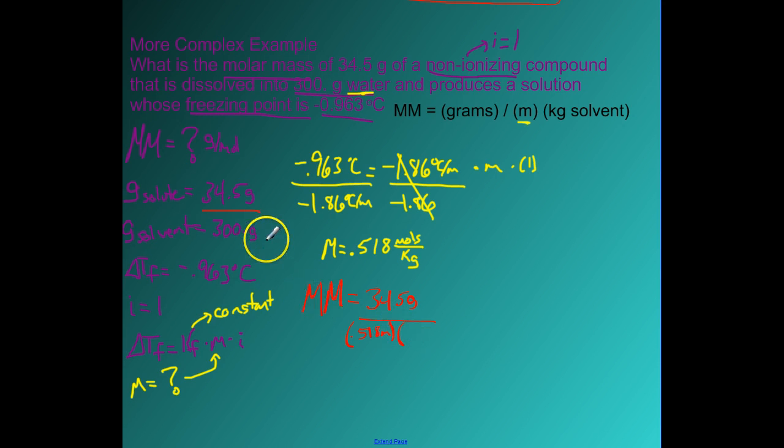So my 300 grams is going to be 0.3 kilograms. So down here I have 0.3 kilograms. And I can simply multiply and divide to obtain our final answer. My final answer of 222 grams per mole as the molar mass of my unknown compound. And that is how you calculate molar mass for colligative properties.